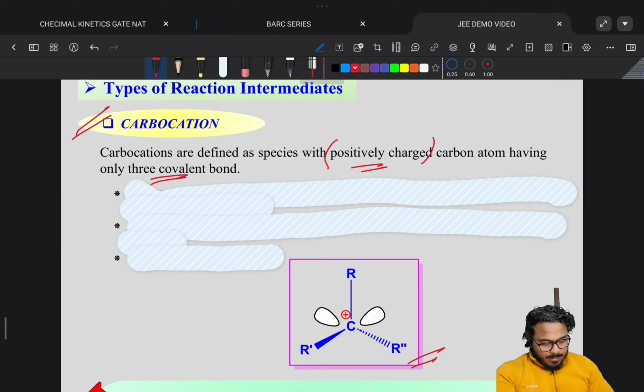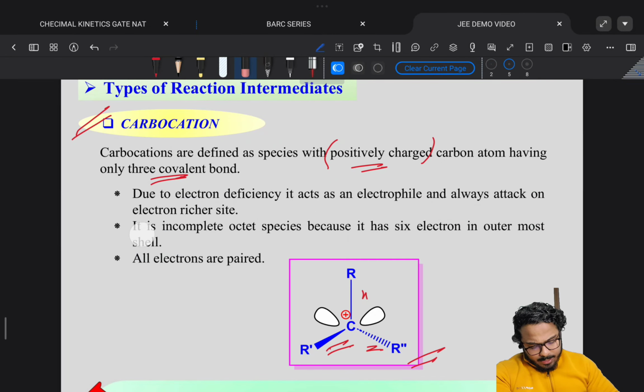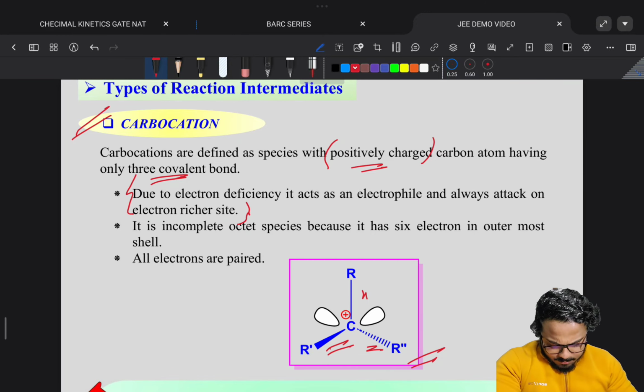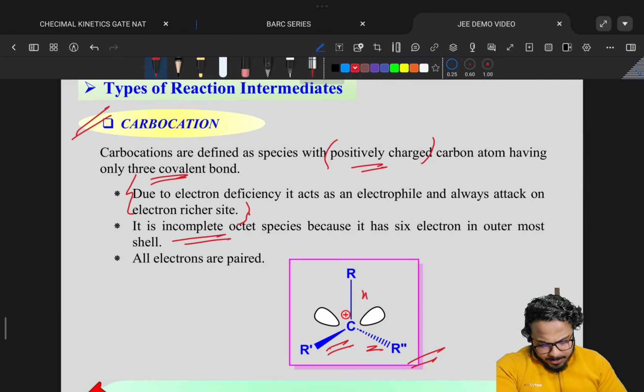So as you can see here, three covalent bonds are present. What is the most important and basic point related to this carbocation? I will just reveal. Due to electron deficiency, it acts as an electrophile and always attacks on the electron rich center. Moving to the study, it is an incomplete octet species.